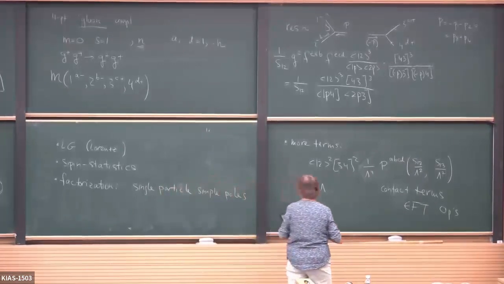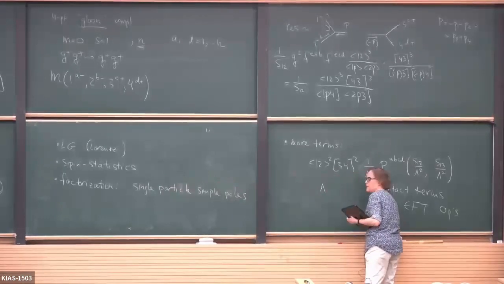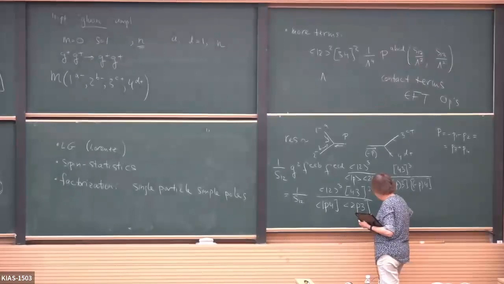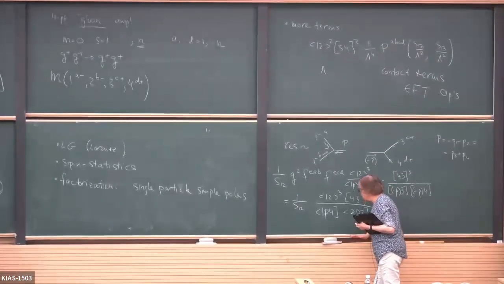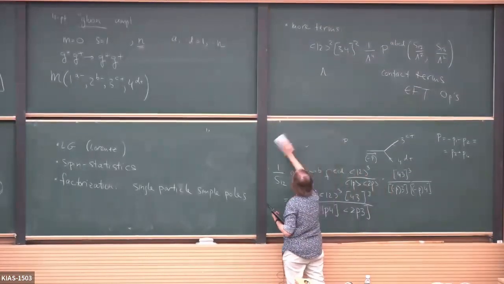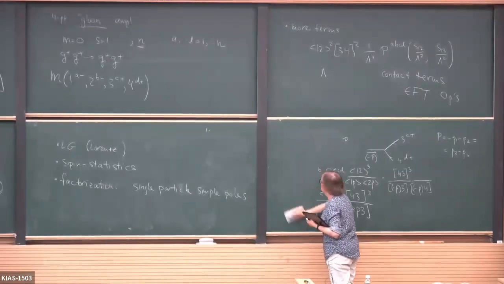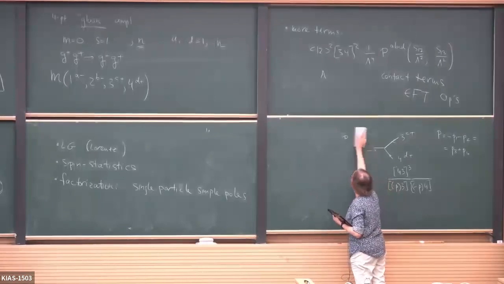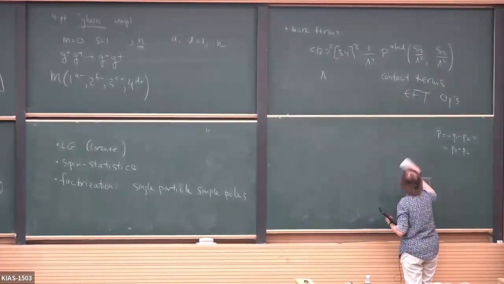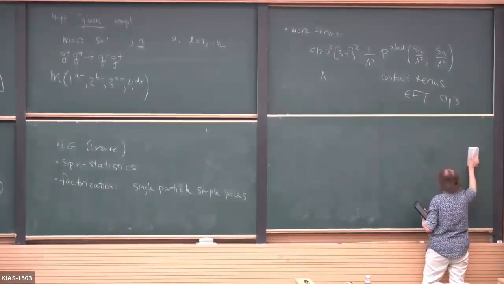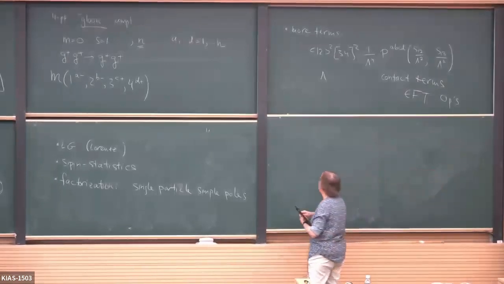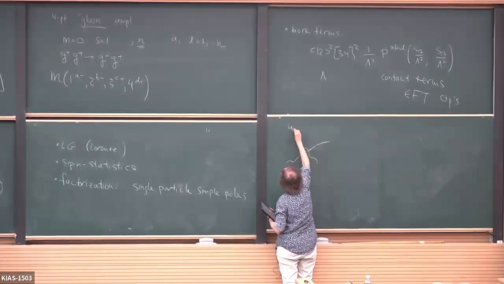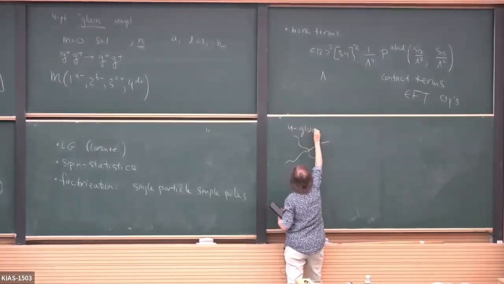So you can ask exactly this question. You can say, suppose that we calculate this using Feynman diagrams. So with Feynman diagrams, I also need to include this 4-gluon interaction, or 4-gluon vertex.